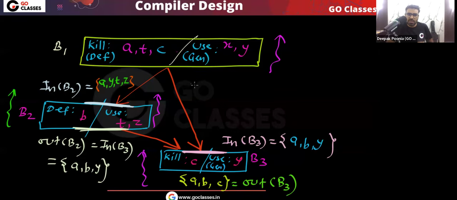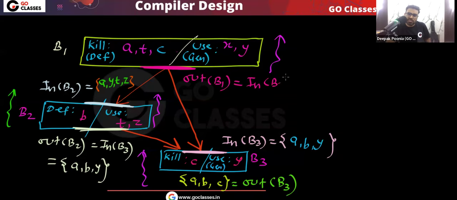Now you can notice we have in of B2 also, in of B3 also. And for this basic block B1, there are two successors, that is B2 and B3. So here I can say what is out of B1. Out of B1 will be the union of in of successor basic blocks.